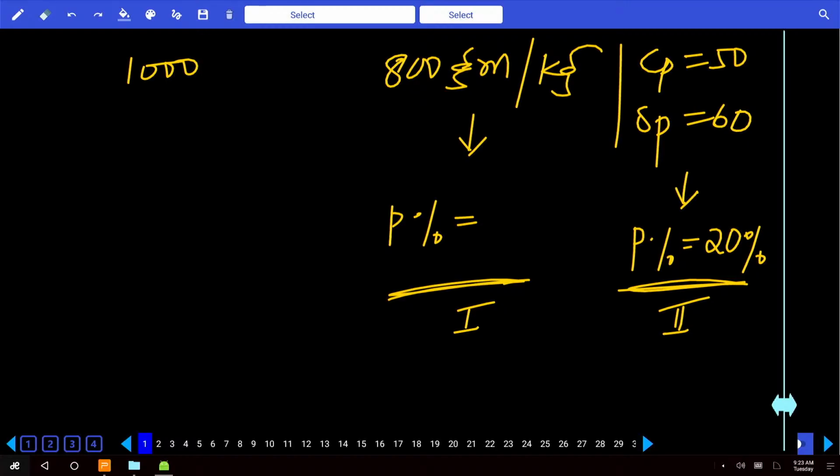You have 1000 grams, but how many grams are you giving me? 800 grams. How much is left with you? What is the 200 for you? Profit. You are getting 200 grams profit for every kg, or for every 800 grams.